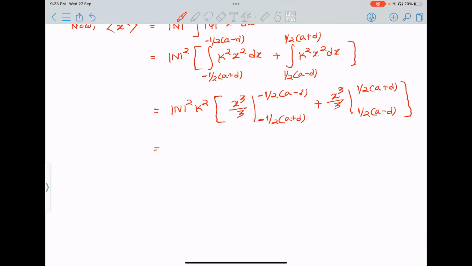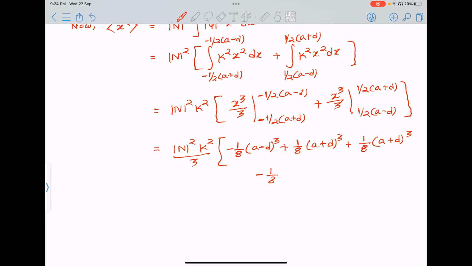So it will give me then modulus of n square k square by 3, and x cube will mean that it will be minus 1 by 8 a minus d whole cube, then minus of minus 1 by 8 a plus d whole cube, so that will be plus 1 by 8 a plus d whole cube, then it will be plus 1 by 8 a plus d whole cube minus 1 by 8 a minus d whole cube.